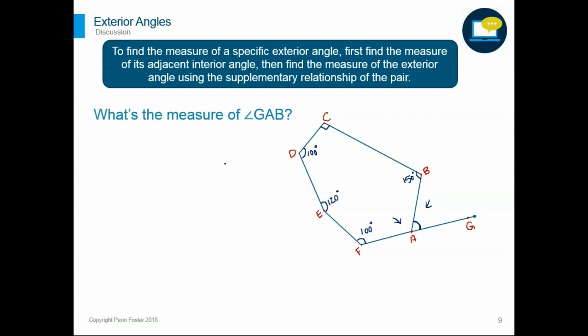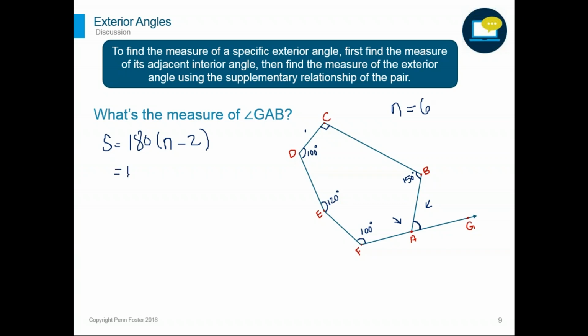Let's do that. So I'm going to use sum equals the same formula, 180 times n minus 2. What's n? Let's count. That's the first, 1, 2, 3, 4, 5, 6. So n equals 6. That is a hexagon.